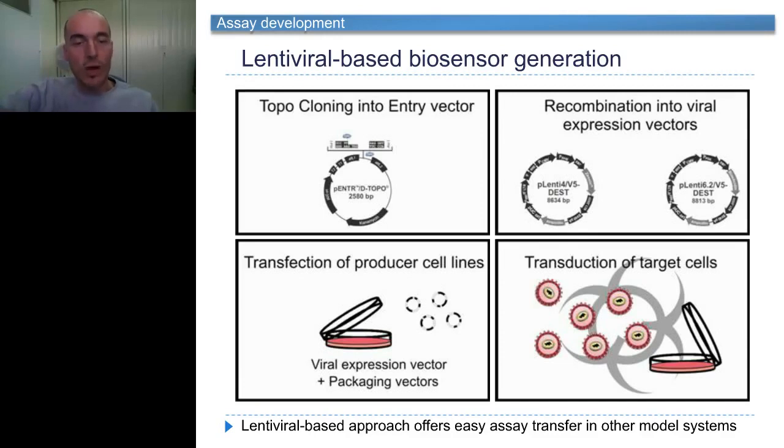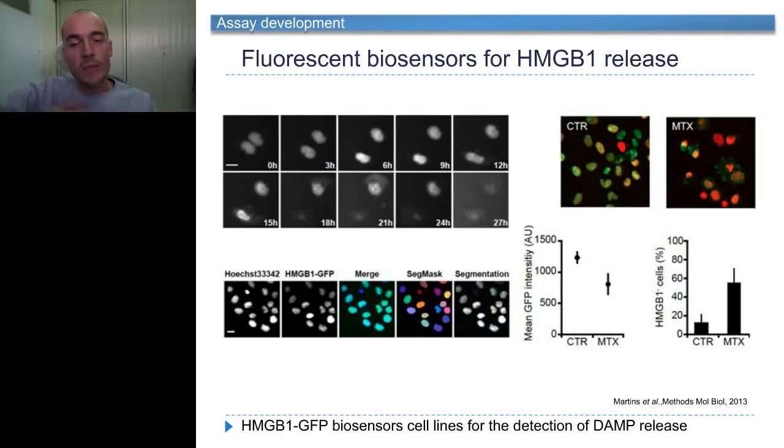So what we have been using in this case here, this is an in vitro gene-based system which we use to clone our gene of interest coupled to a fluorescent protein. We produced lentiviral particles and then we transduced our cells. This coupled to single cell cloning and growing back the colonies allowed us to easily generate fluorescent biosensor cell lines.